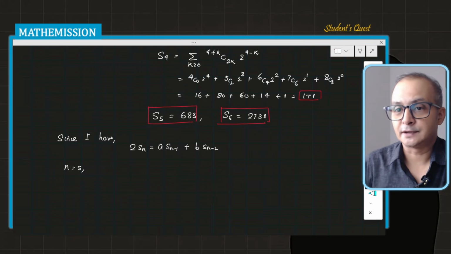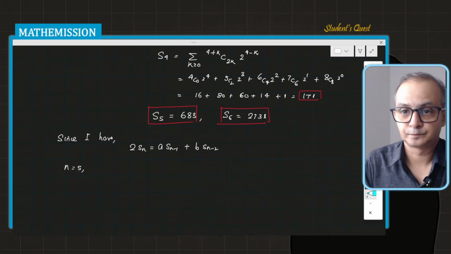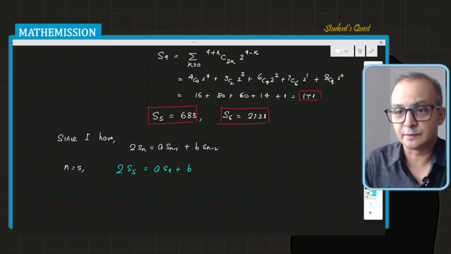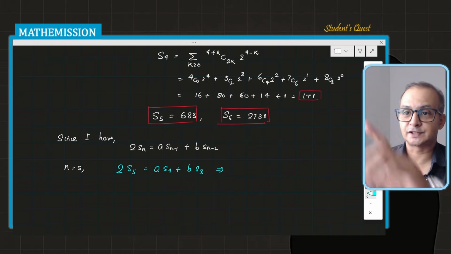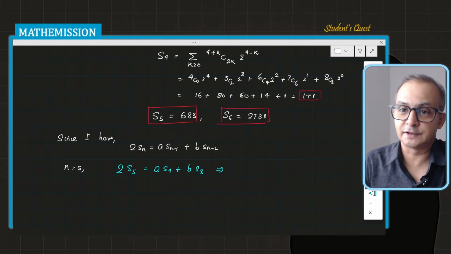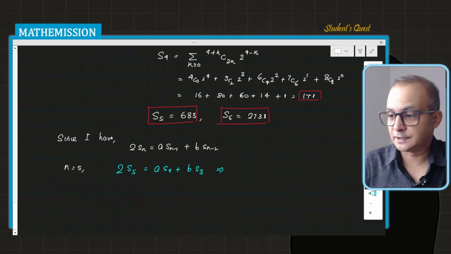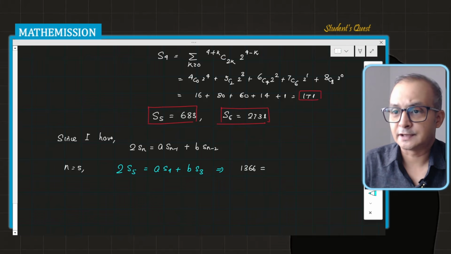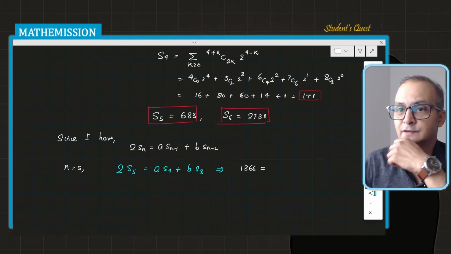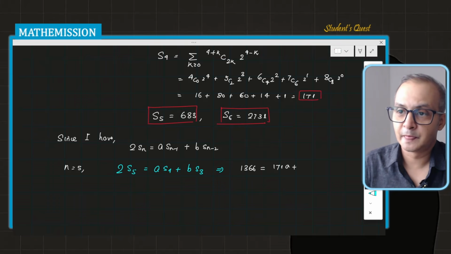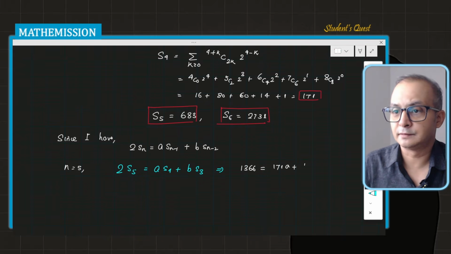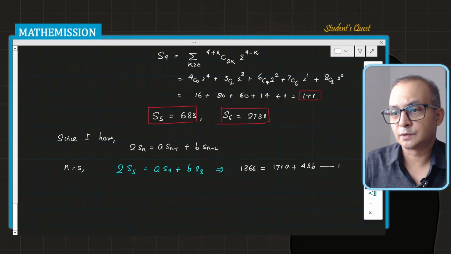So this side is 2S5, and this side is A times S4 plus B times S3. S5 we have already found as 683, so 2 times 683 is 1366 on the left-hand side, and S4 is 171, so 171A, and S3 is 43, so 43B. That is going to be the first equation.